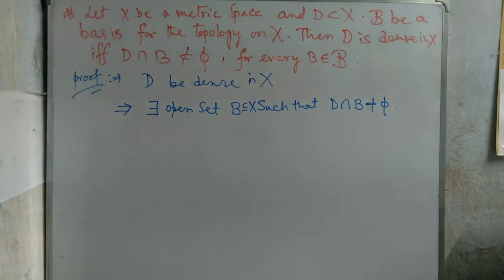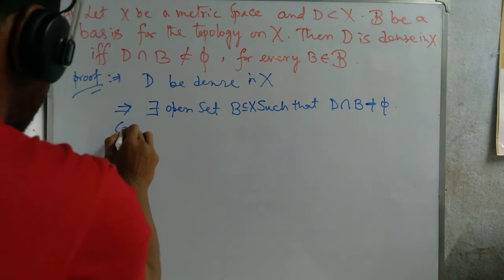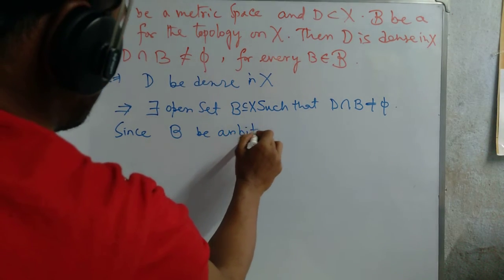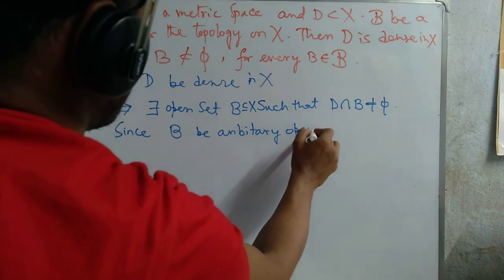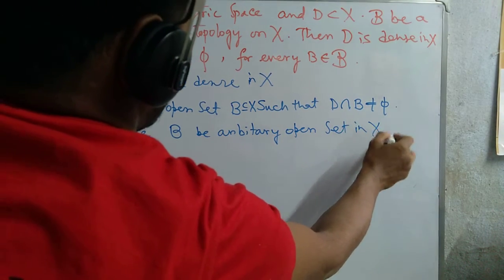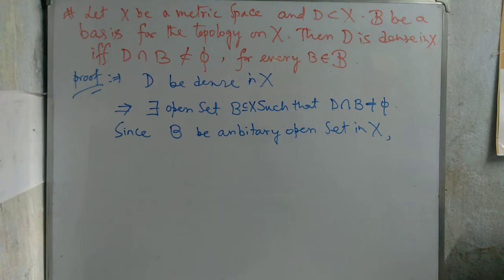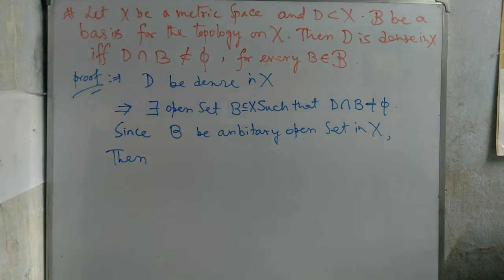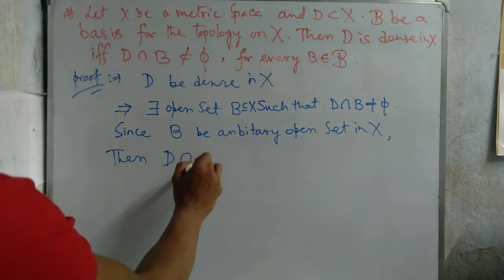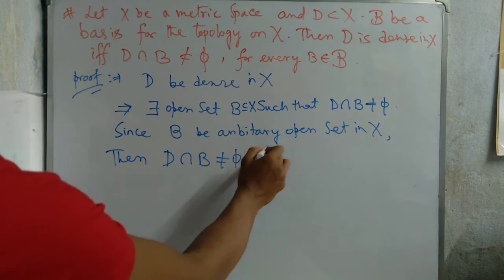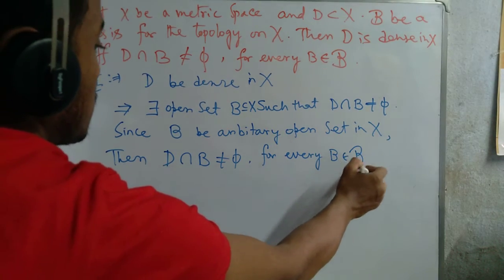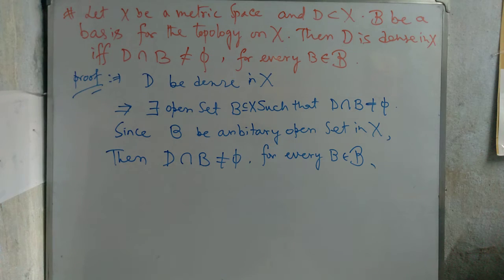Okay, so since B is an arbitrary open set in X, then D intersection B is not equal to phi for every B belonging to this basis or this collection.